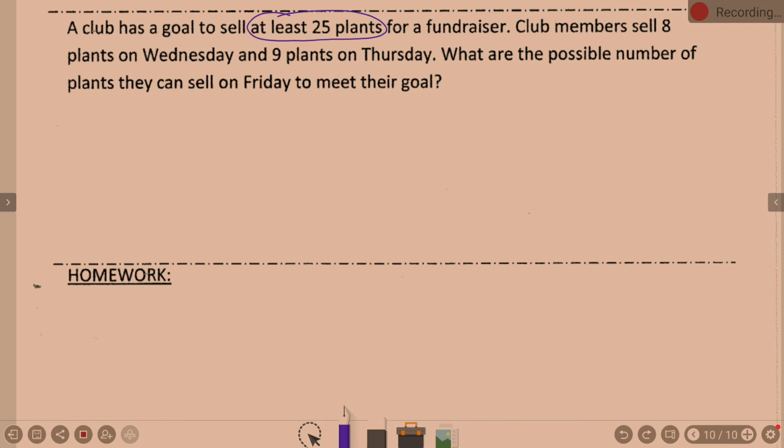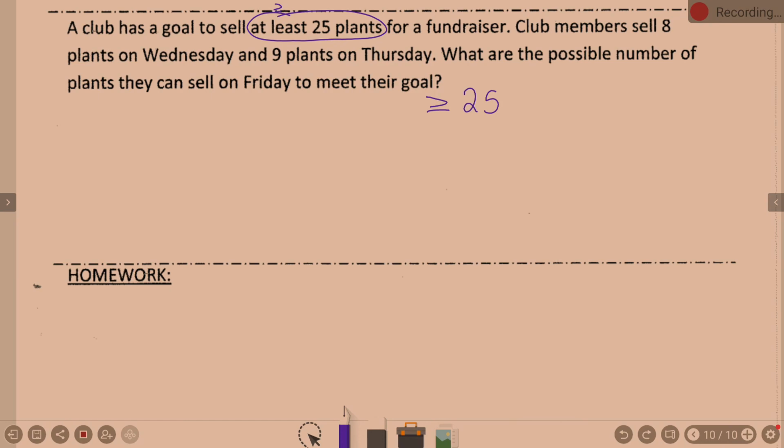So what is the sign for 25 or more? Less than or greater than? If it's 25 or more, how about greater than or equal to? Okay. So since it says at least, we're saying greater than or equal to.